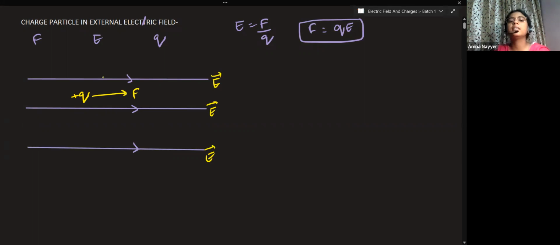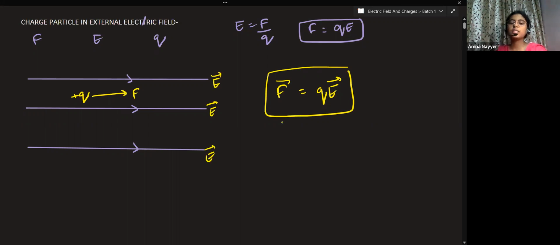The force on this charge will be equal to the product of the charge magnitude and the electric field. Q's magnitude is the same, electric field is constant, so we will also get a constant force.